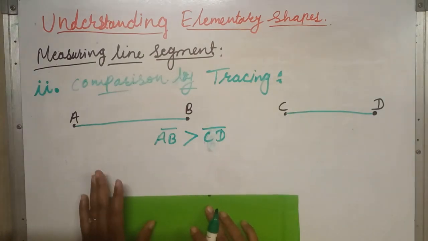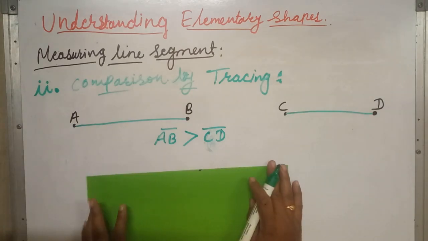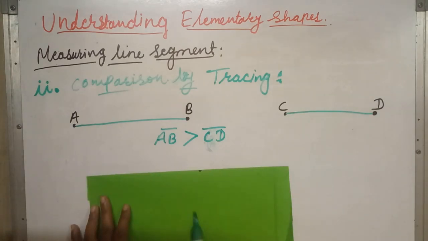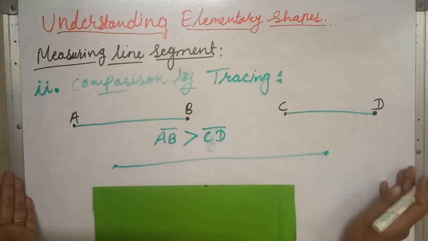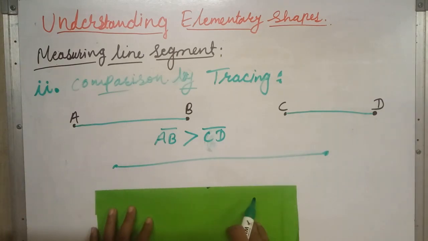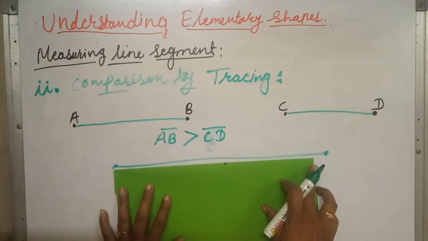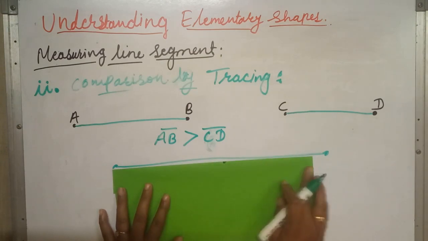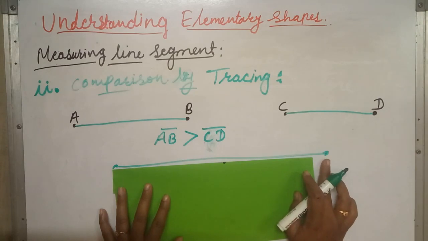So this method depends upon accuracy in tracing the line segment. Moreover, if you want to compare with another length which is bigger, and again another line segment which is bigger than this, the paper is now shorter as compared to this line segment.